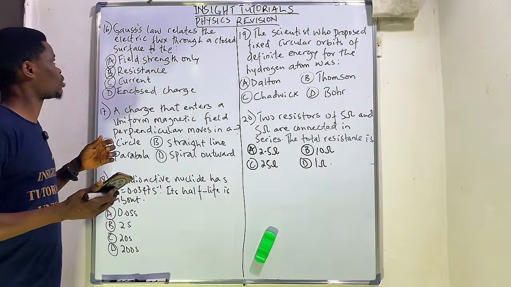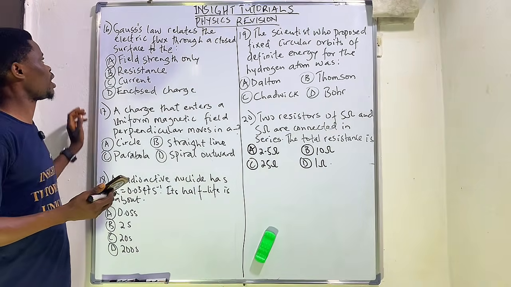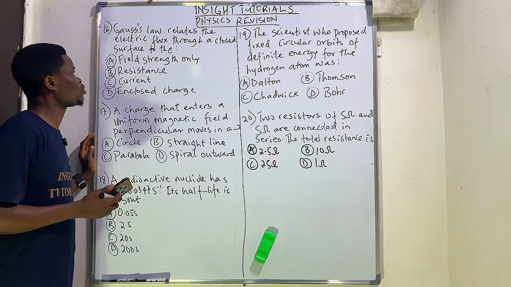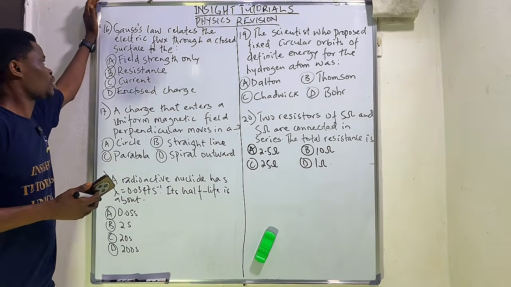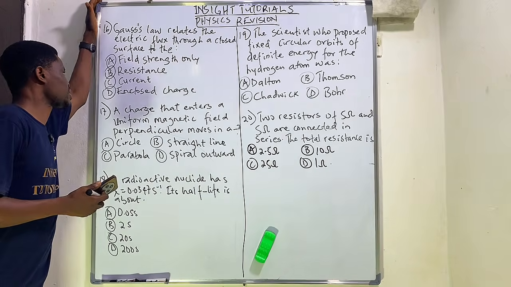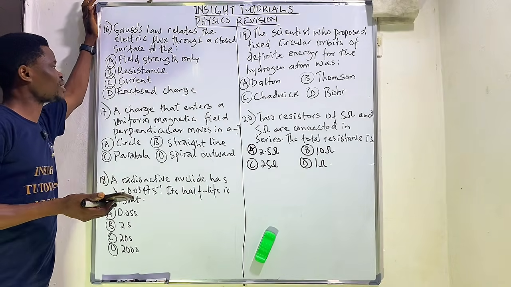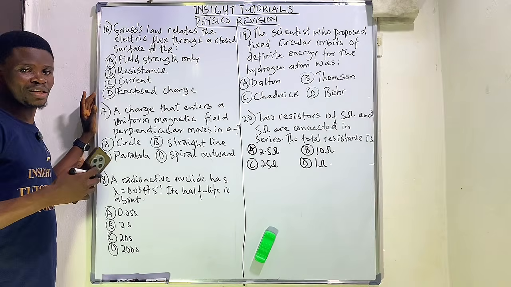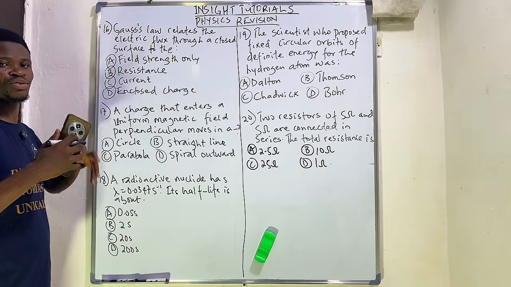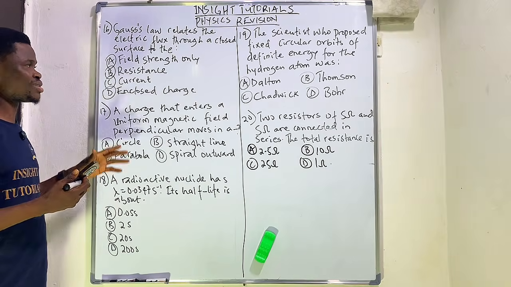Go to the next. All right, Gauss law relates the electric flux through a closed surface to the A says field strength only, B says resistance, C says current, D says enclosed charge. You all know that current is simply the amount of charge that is flowing through a particular circuit. Resistance has to do with electrical circuits. Resistance is not it.